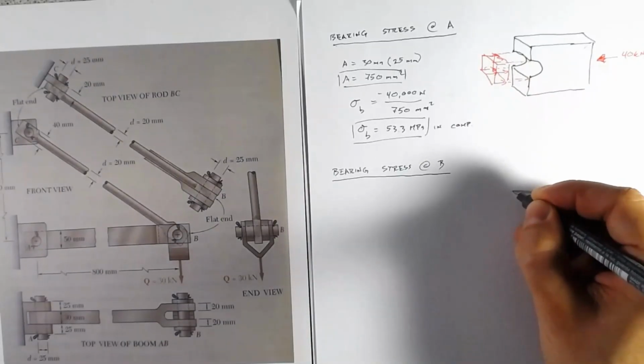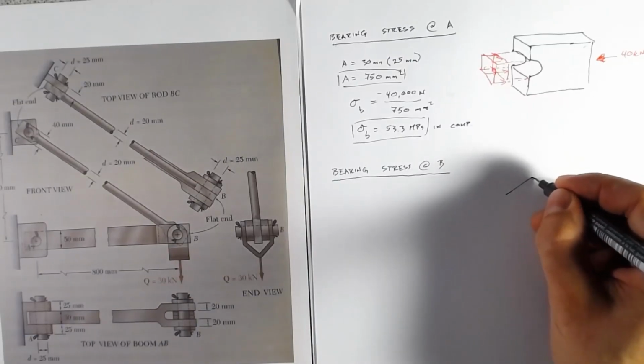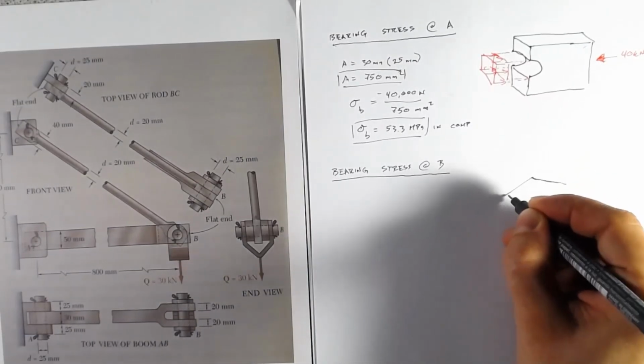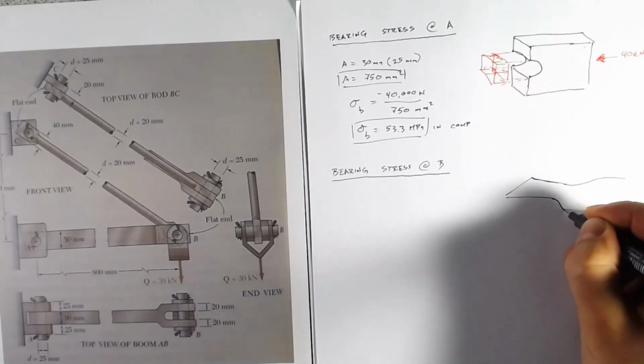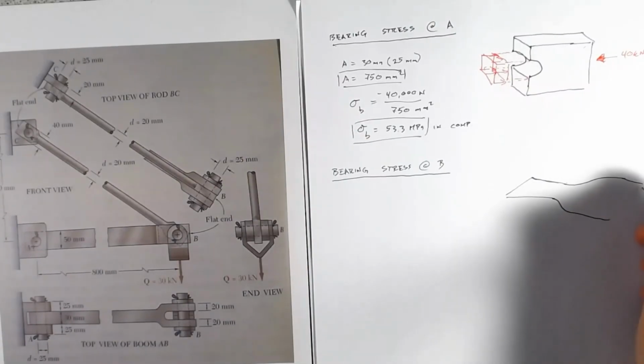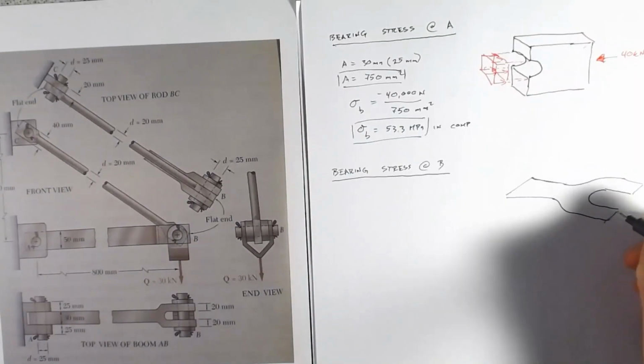And again, we'll just go through and draw our diagram here. And because we have this clevis, it's going to look something like this.